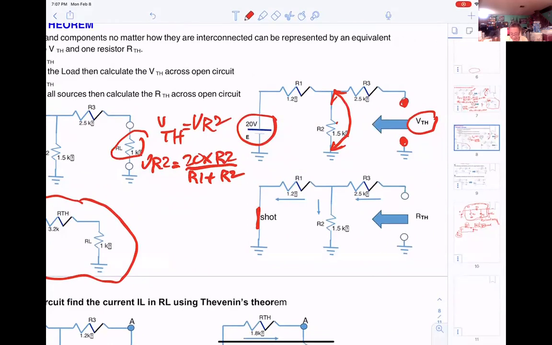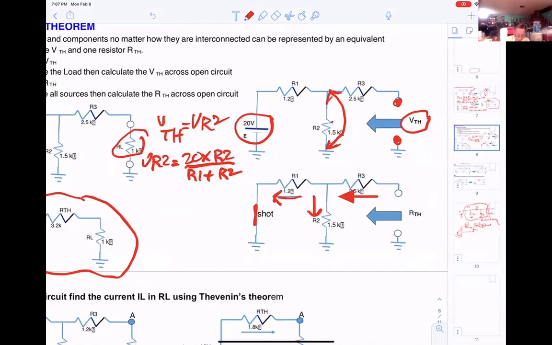Okay. Then from the open circuit, you look into it to see which resistors are in series or parallel. Looking from RThevenin here, the current comes in and goes one way here, one way here. That is telling you R1 and R2 will be in parallel.